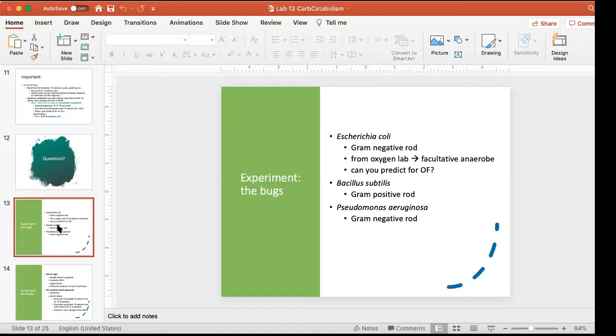And when we finished up, I had asked the class if you could make any predictions about what E. coli might do in an OF test. We know it's a facultative anaerobe. And if you remember from our discussion of the oxygen categories, facultative anaerobes are very adaptive. They prefer to be in oxygen so they can do aerobic cellular respiration.